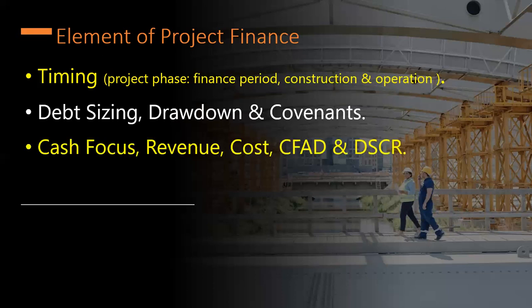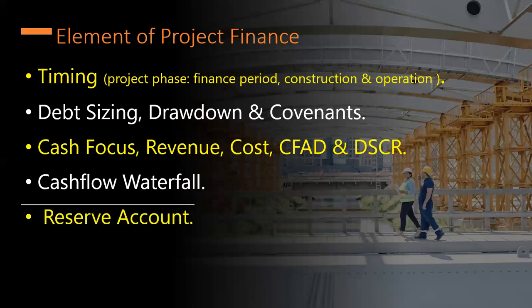So you need to be well detailed when it comes to your revenue, your cost management, your cash flow available for debt service, and your debt service coverage ratios as well. Then we have a concept called cash flow waterfall, which means if the project generates more cash than expected, we then use it to settle our financial obligations, and also as much as possible to keep what we call a reserve account.